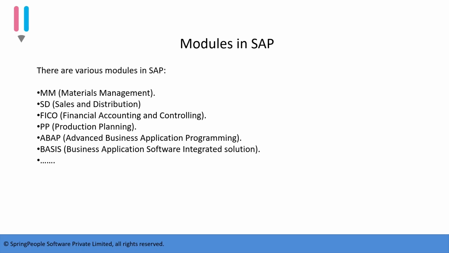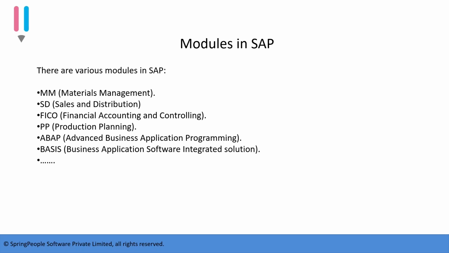But without them, no organization will be able to perform its operations, because nowadays manufacturing is all software related. So they need some kind of software, and those softwares are maintained by the IT department. These kinds of IT departments are called technical modules.